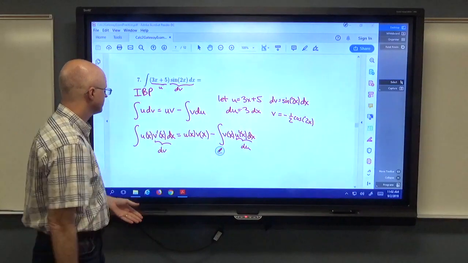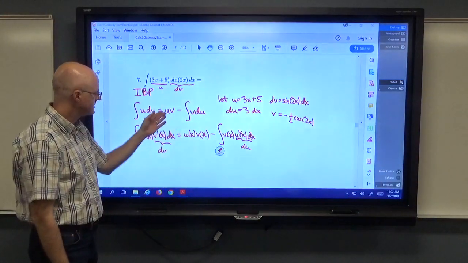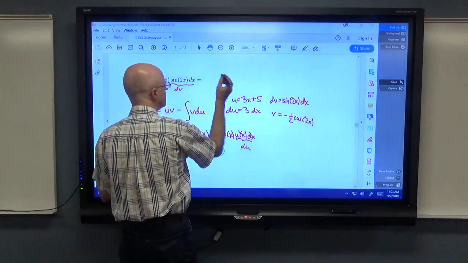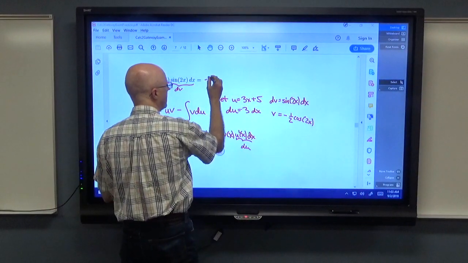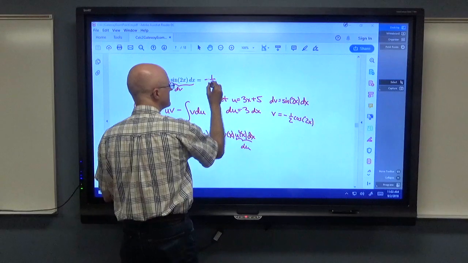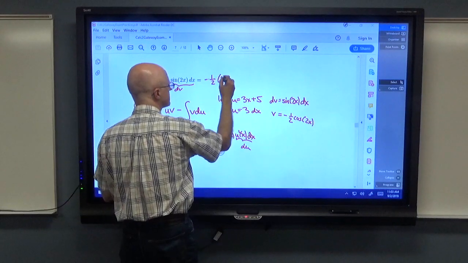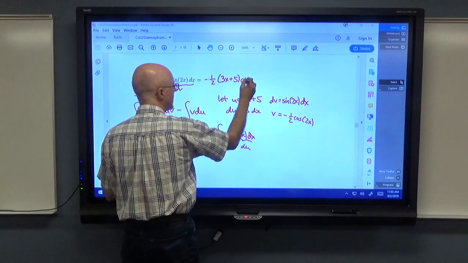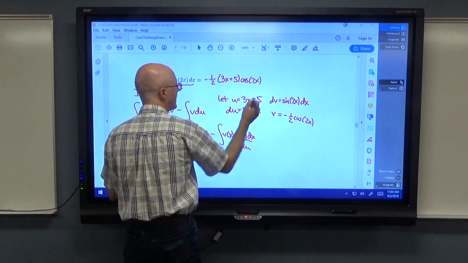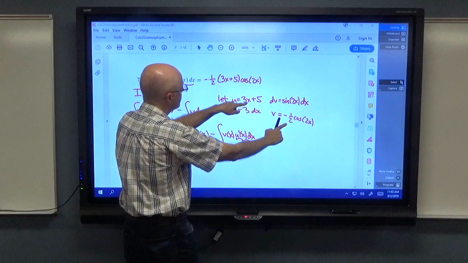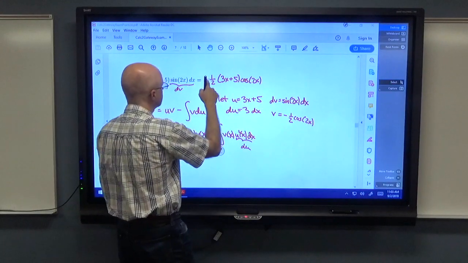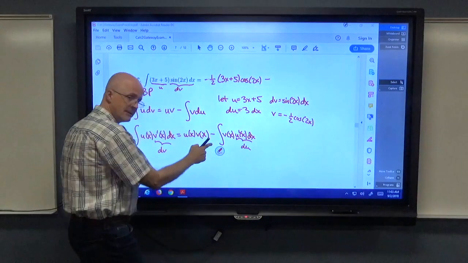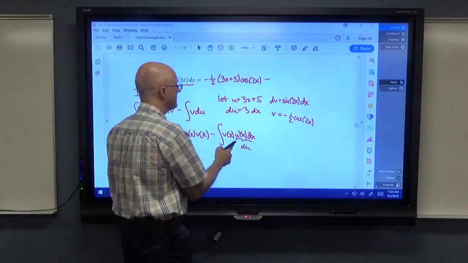Now use the formula. u of x times v of x, or just u times v for shorthand. The product of these two things comes first. That'll be negative 1/2 in parentheses 3x plus 5 times the cosine of 2x. I just multiplied these two things. There's a negative sign there. Minus, there's a minus here, not a plus, minus the integral of v du.